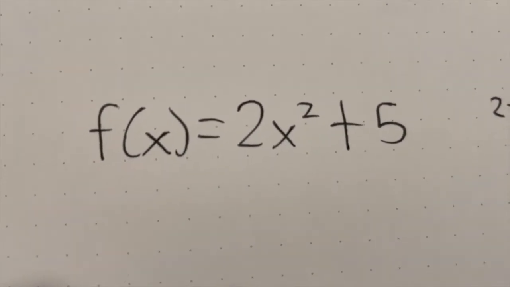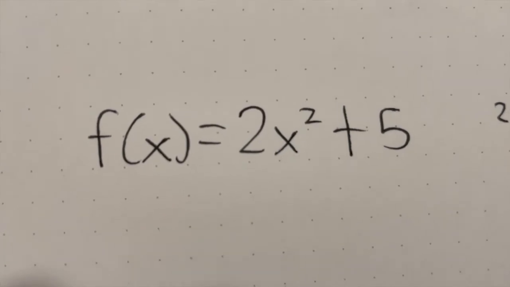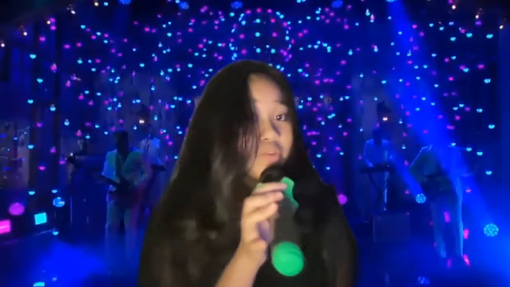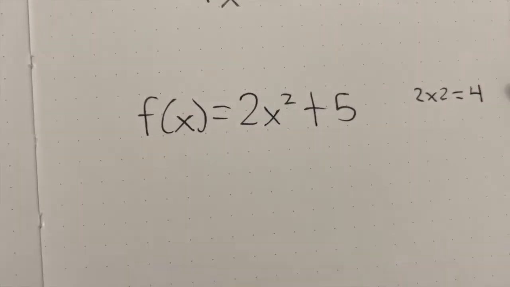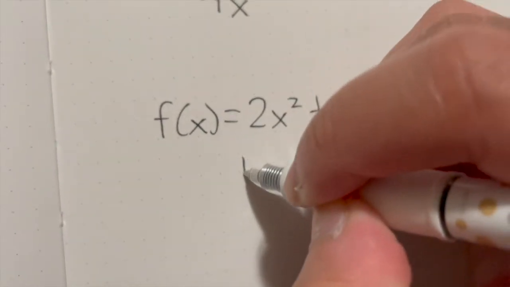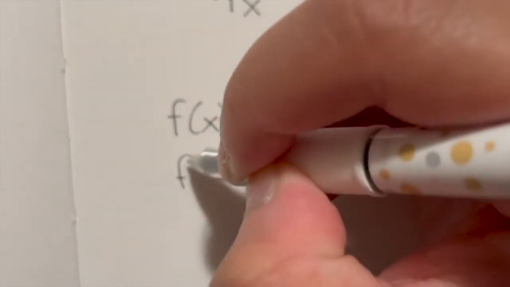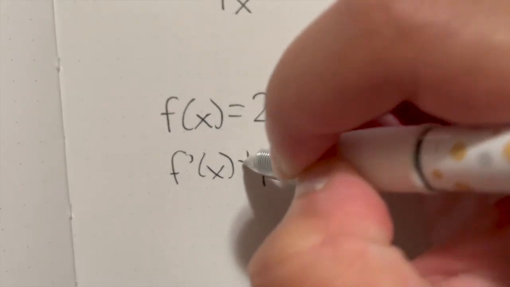Find the derivative of this equation by using the power rule. Look at x squared. We multiply the 2 by 2 and that equals 4.